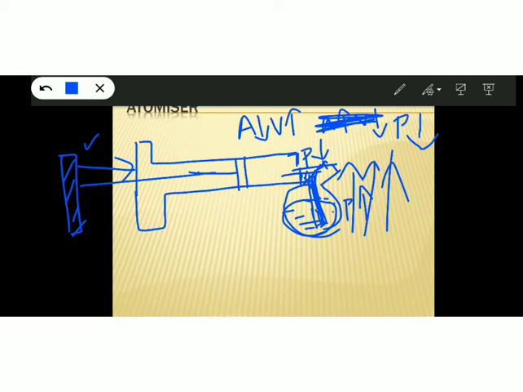As the velocity of the flow of air increases, pressure at the opening decreases, and due to the lower pressure at the opening, the liquid rises through the narrow tube and gets sprayed out along with the air. This is the principle of the atomizer, which could be explained partly on the basis of Bernoulli's principle.